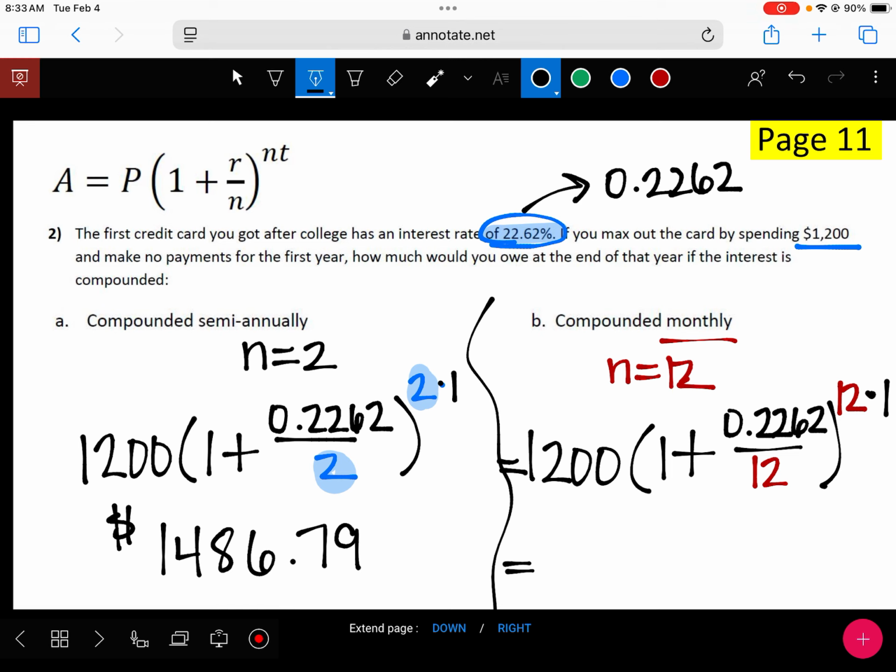All right, now do the same thing for question B. So it's not $12, it's $1,200.